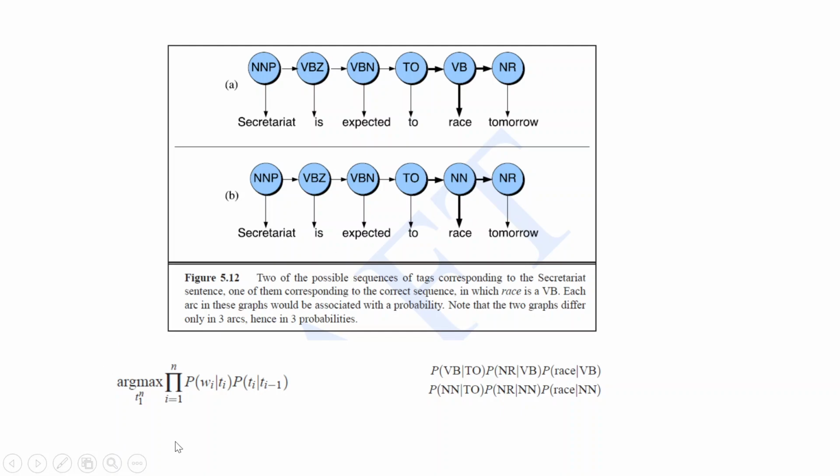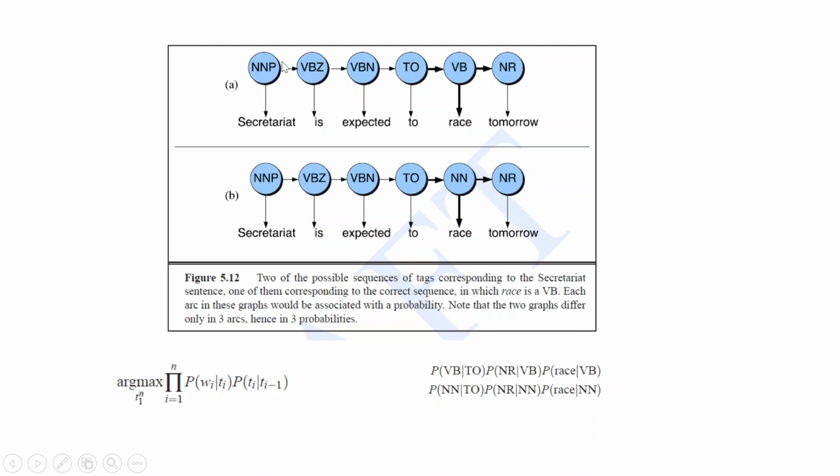Now, this is our calculation. In order to find the tag with the greater probability, you calculate this. How do we calculate? Since this is the only place where change happens in the sequence, what is given is the probability of word wi given ti, into the probability of ti given ti minus 1.